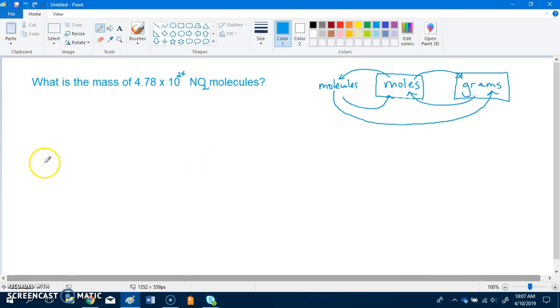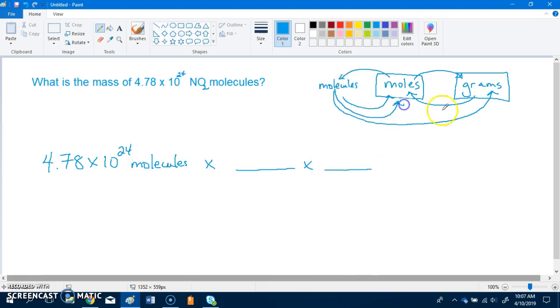So for our equation, we are going to use the 4.78 times 10 to the 24 molecules of nitrogen dioxide. And then we're going to use 2 conversion factors, because that's what it takes. We have to go from molecules to moles and moles to grams to get to grams.